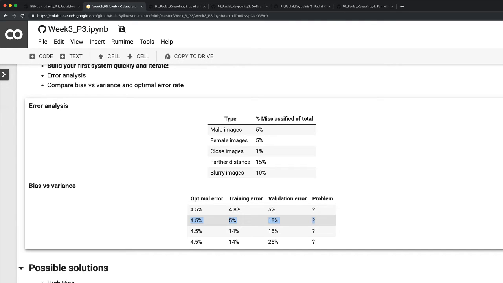You can try feature selection, decreasing the number of inputs, because if the model is too complex and your data set is too small, you might be having a problem there.